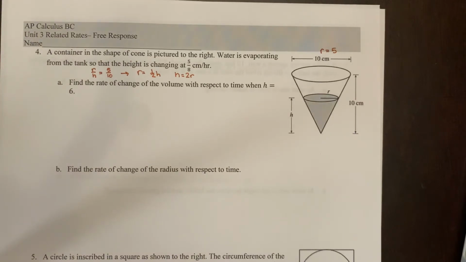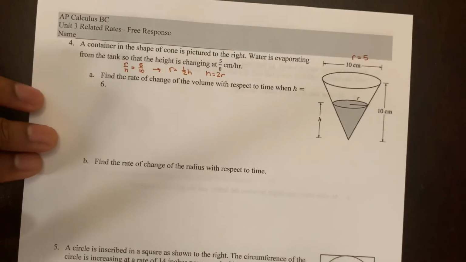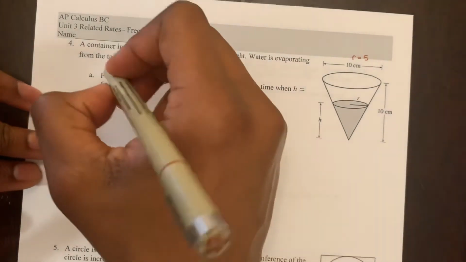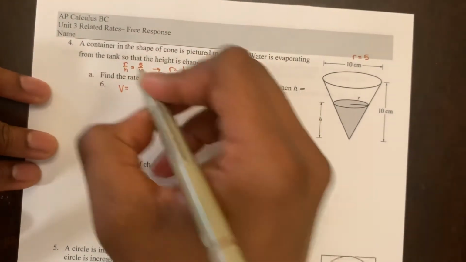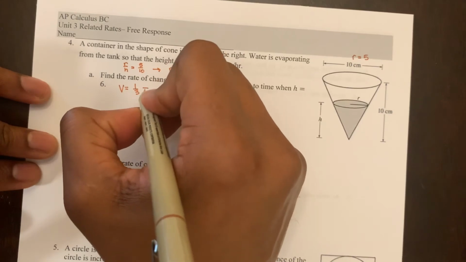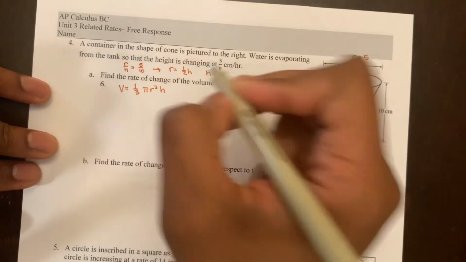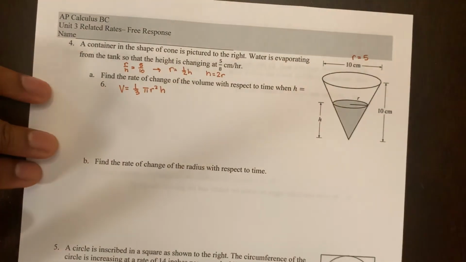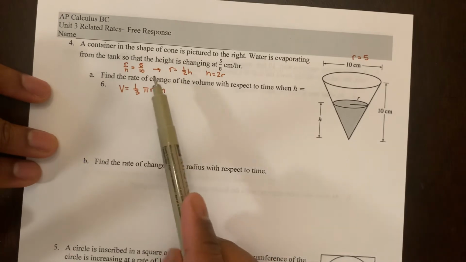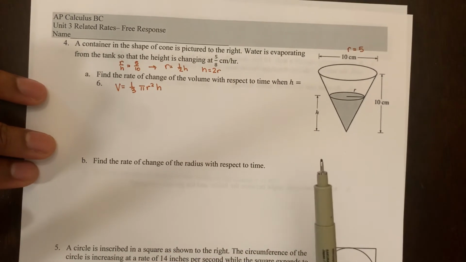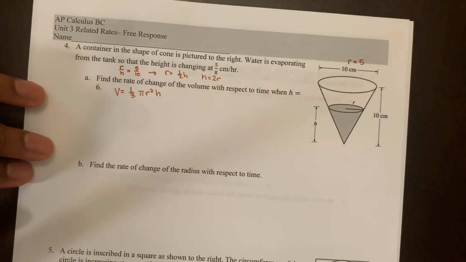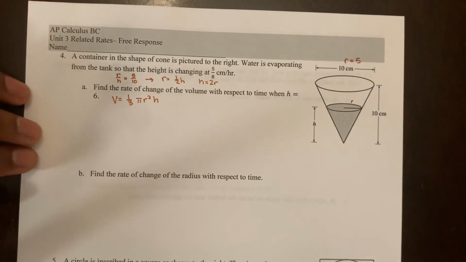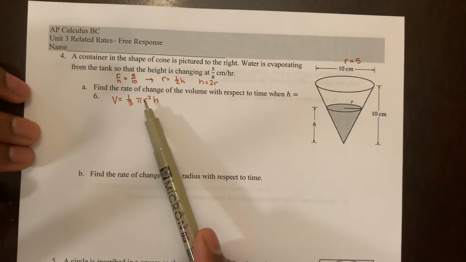So for part A, we have to find the rate of change of the volume with respect to time when h equals 6. So V equals, for a cone, 1/3 pi r squared times h. We could take the derivative and do the product rule, and we would get a perfectly fine answer, but it is much easier to replace either r or h.